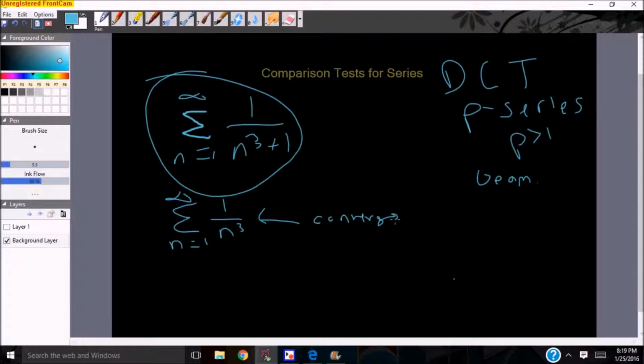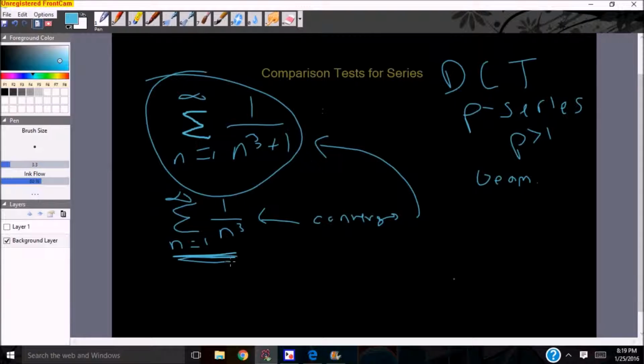And also, since the one we're comparing it to up here has an n cubed plus 1 in the denominator, that means that denominator is always going to be larger than the denominator for this p-series down here. So if the denominator is larger, then this fraction will end up being a smaller number.